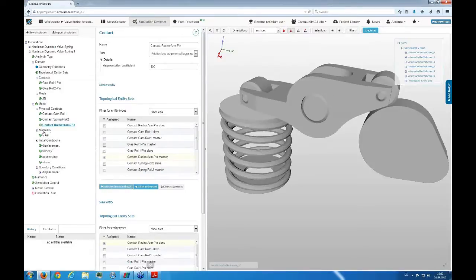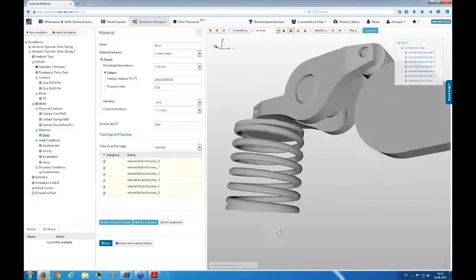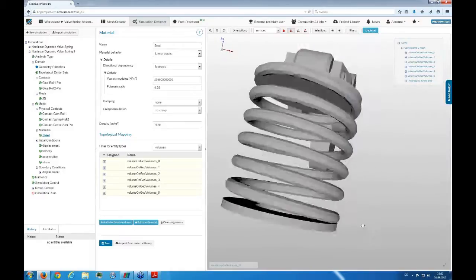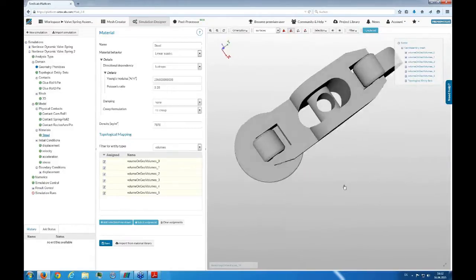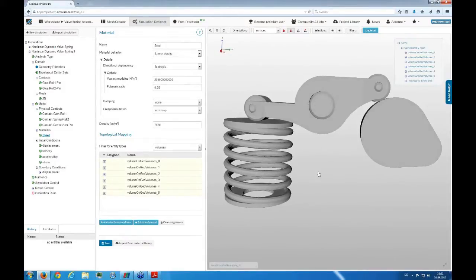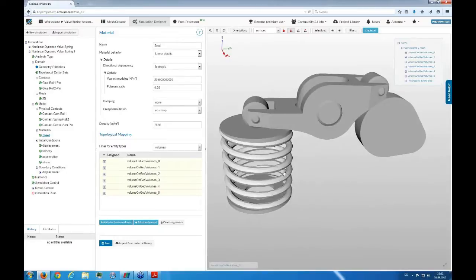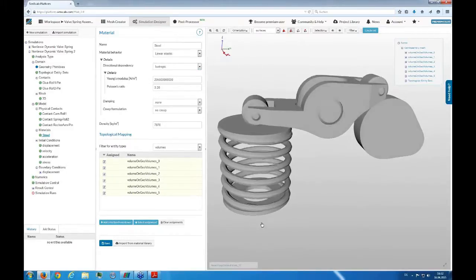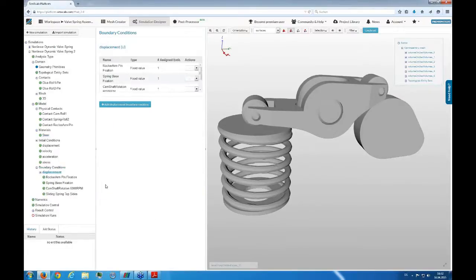Then as materials, we have just chosen the standard steel because we simply do not have any material properties, and also the springs are mostly a steel alloy and do not have highly different stiffness parameters than this standard steel. Okay, then let's go to the boundary conditions.